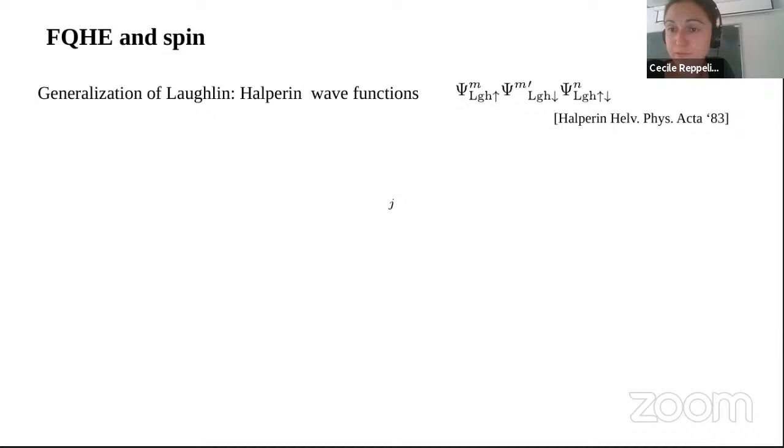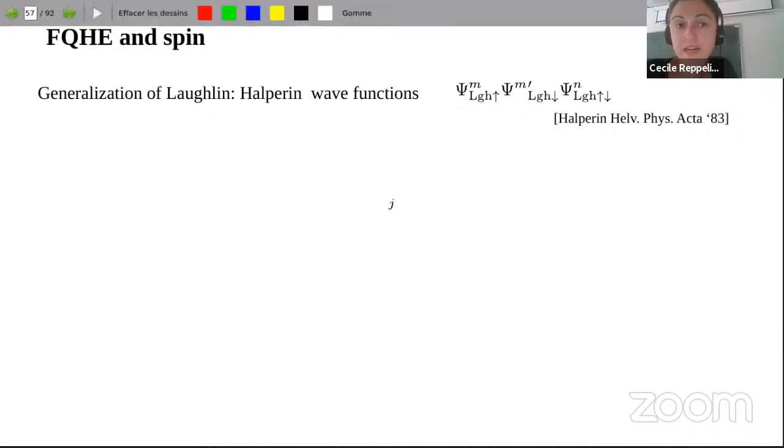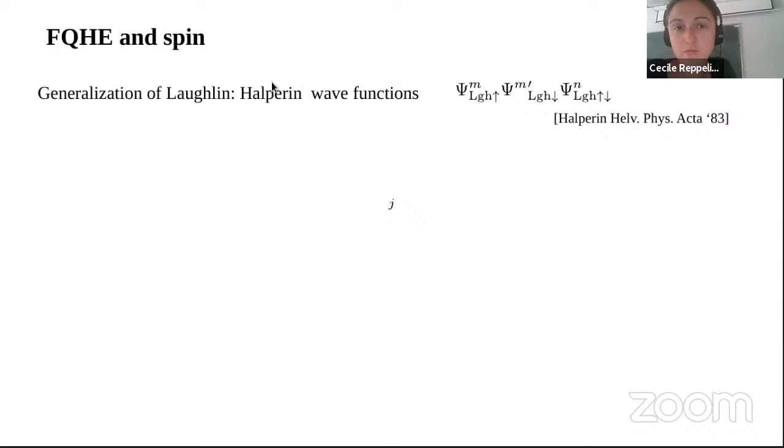Even from the level of wave functions, you can generalize the Laughlin wave function, which was done by Halperin, and what you'll get are the Halperin wave functions that are basically products of Laughlin wave functions. So a first Laughlin wave function for the spin up, one for the spin down, and one that couples together spin up and spin down. And some of these wave functions correspond to states that actually are incompressible states in the fractional quantum Hall effect and can be observed.